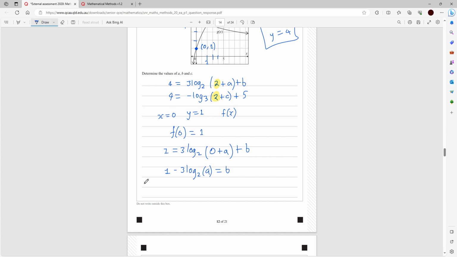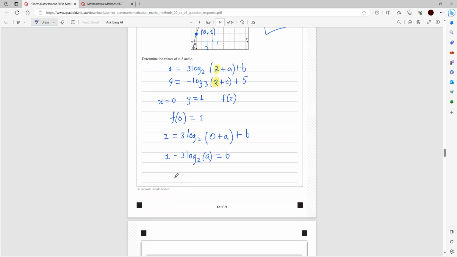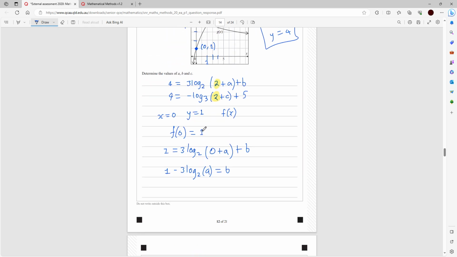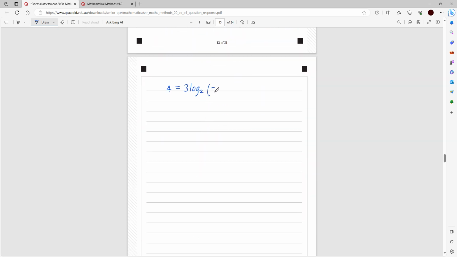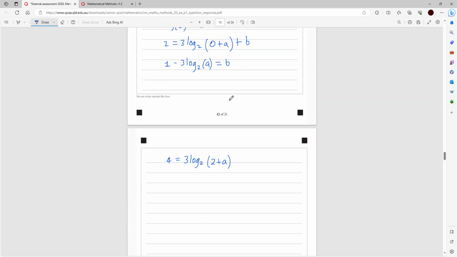We've got a bit of room down here. So we have 4 is equal to 3 log base 2 of (2 plus a) plus b, but b is this thing here, so it's going to be plus 1 minus 3 log base 2 of a.